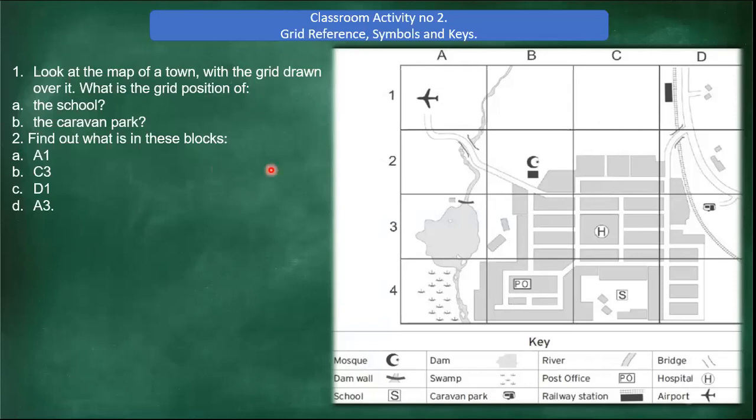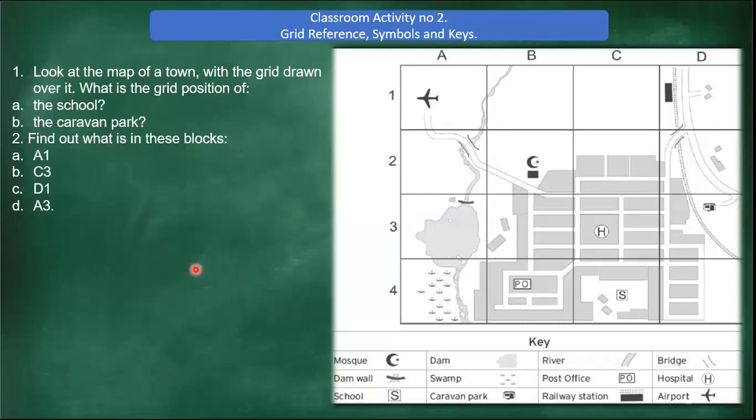What are we having in A3? Let me get somebody new. Zoe? Zoe is not here. What are we having in A3?